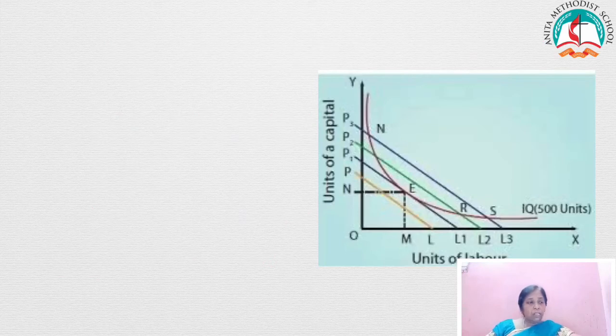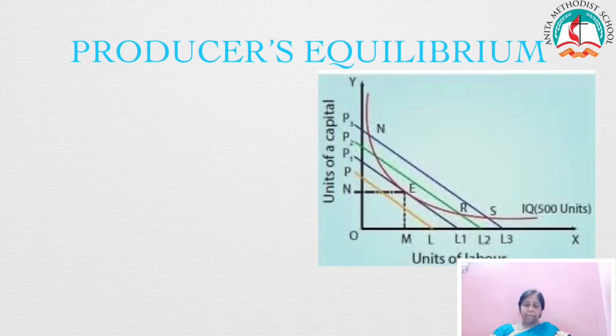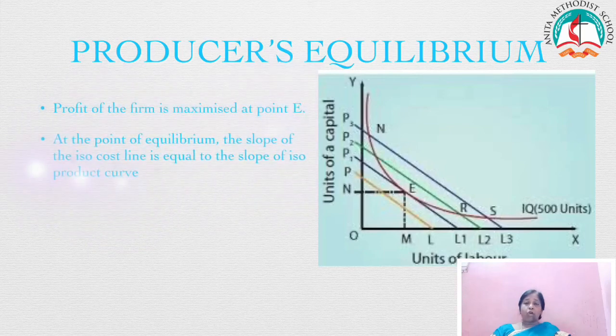The profit of the firm is maximized at point E. Always the profit is maximized at the point E. At the point of equilibrium, the slope of the iso cost line is equal to the slope of the isoproduct curve. It means the budget line touches the isoproduct curve, and that point is called the equilibrium point.